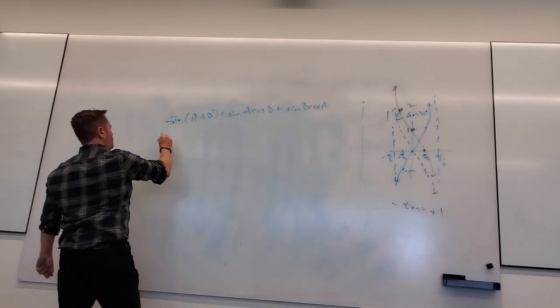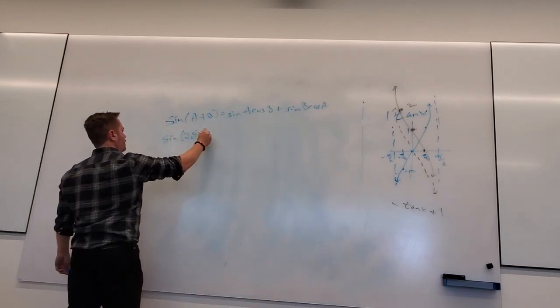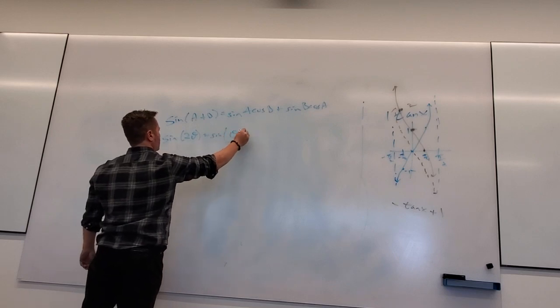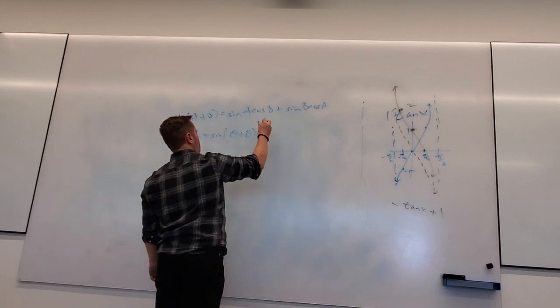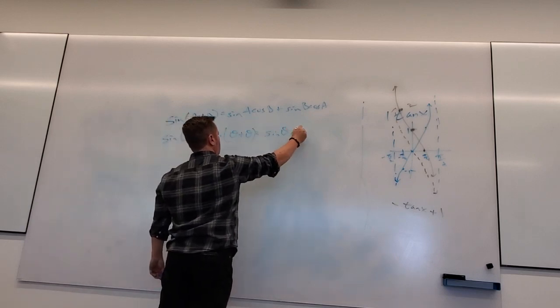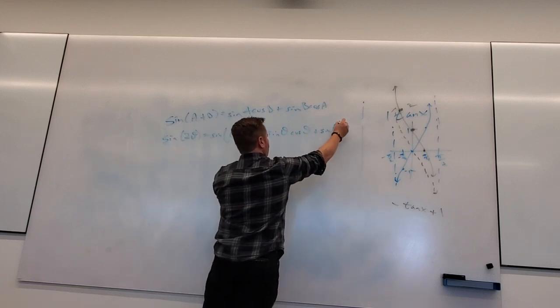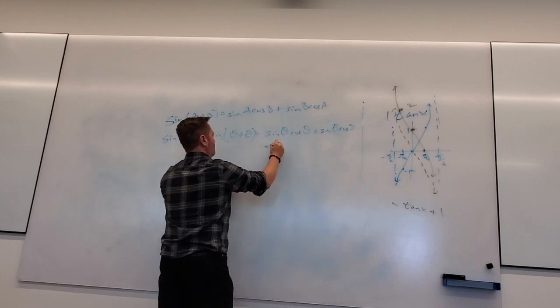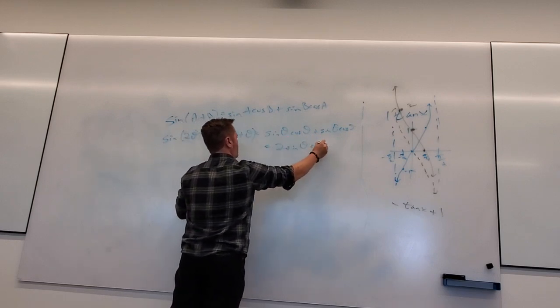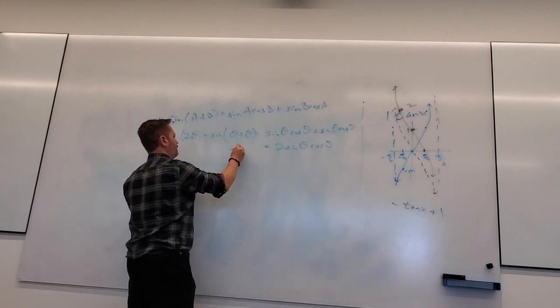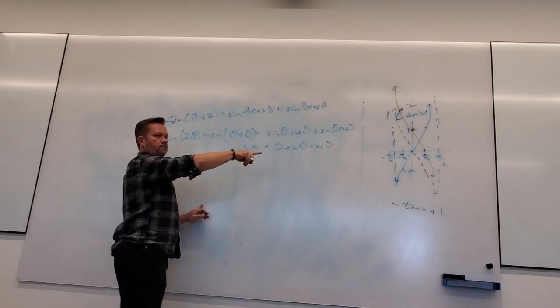So what is sine of 2 theta? It's sine of theta plus theta. So it's sine theta cosine theta plus sine theta cosine theta, which is 2 sine theta cosine theta. So that is the double angle formula for sine.